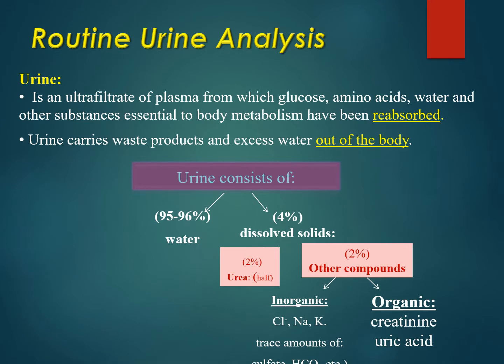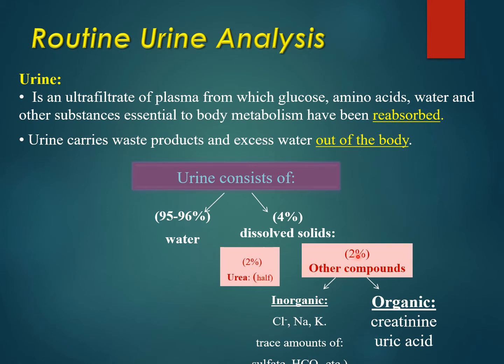Now, coming to the urine, let us see what exactly the urine is formed of. As we mentioned before, about 95 to 96% is water. 4% are dissolved solids, and 2% of this is mostly urea. Half of it is urea.